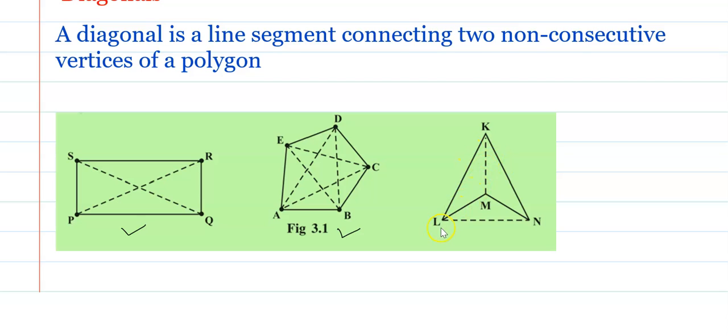What about the triangle LNK? It has no diagonals. If I join LN, it is consecutive. If I consider LK, again it is consecutive. The triangle LNK has no diagonals.